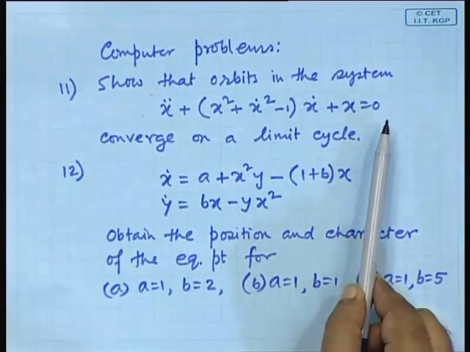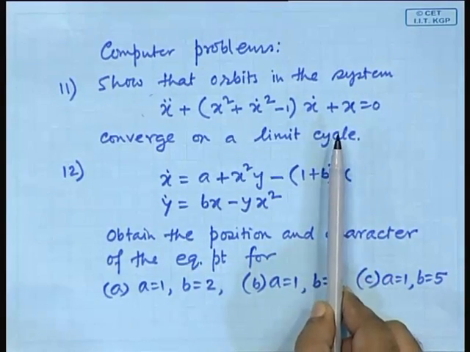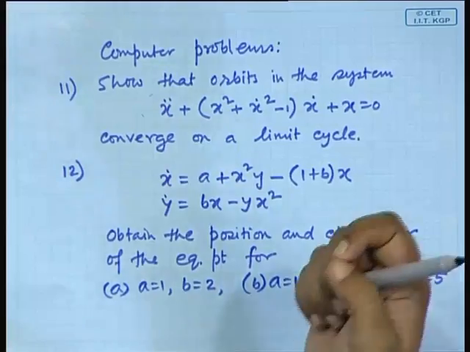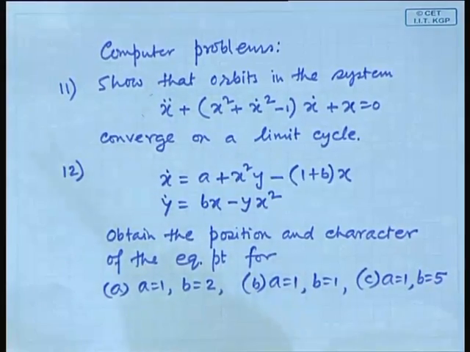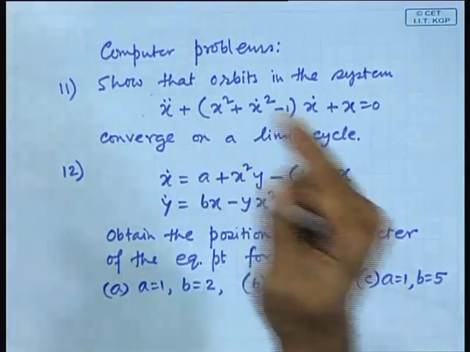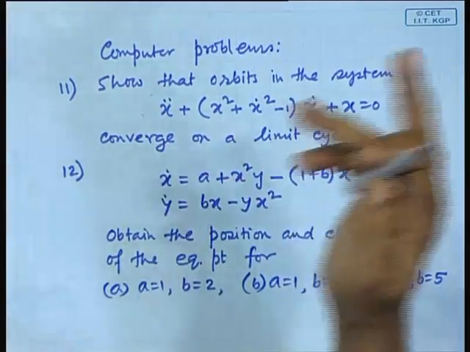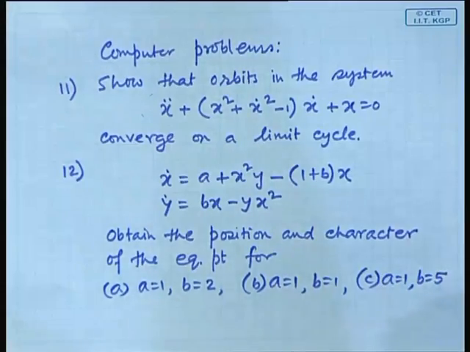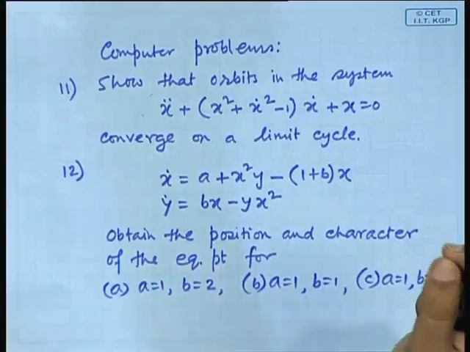So, you solve this with the help of a computer. That means, you start from typical initial conditions, any given initial condition not at the origin, and then allow it to evolve by Runge-Kutta method and see where it converges, start from another initial condition, see how it evolves. So, that way you start from many initial conditions and then plot the vector field. Okay.